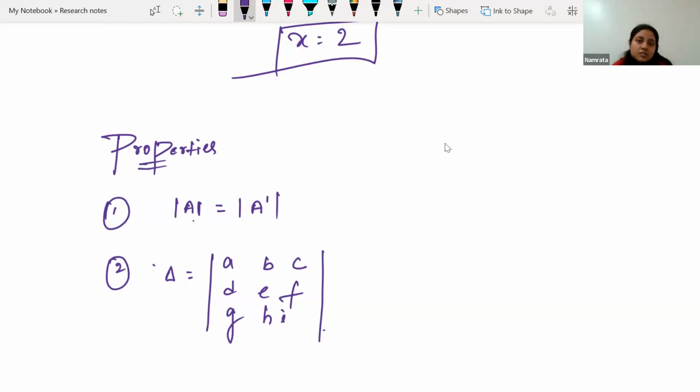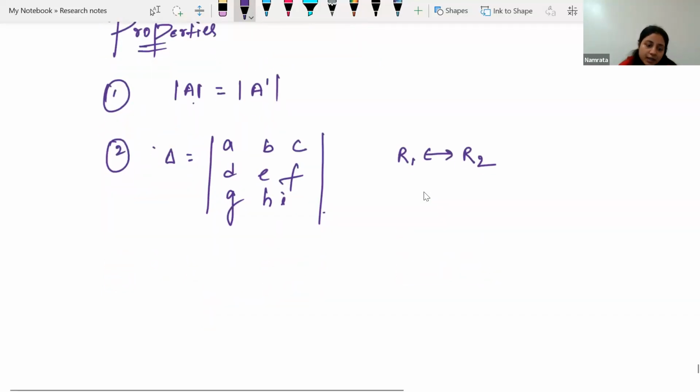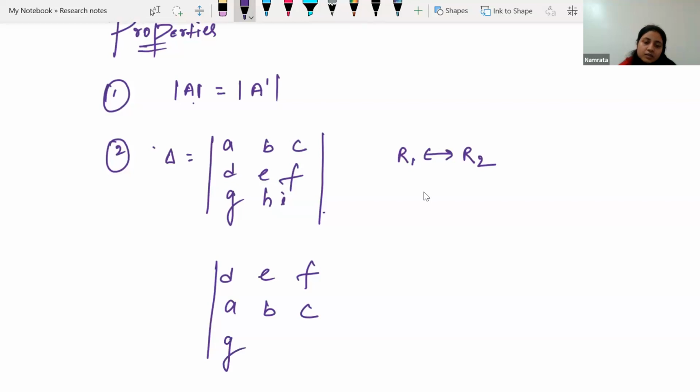If we exchange the rows, suppose I am exchanging row 1 with row 2, like I am writing row 2 in the first row, that is D, E, F, and row 1 I am writing here, A, B, C, and the third row I am writing as it is. When we do something like this, the sign will get reversed.